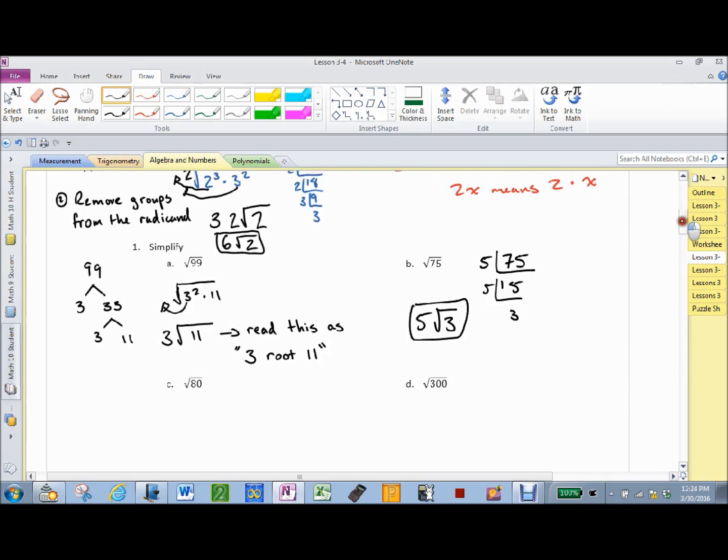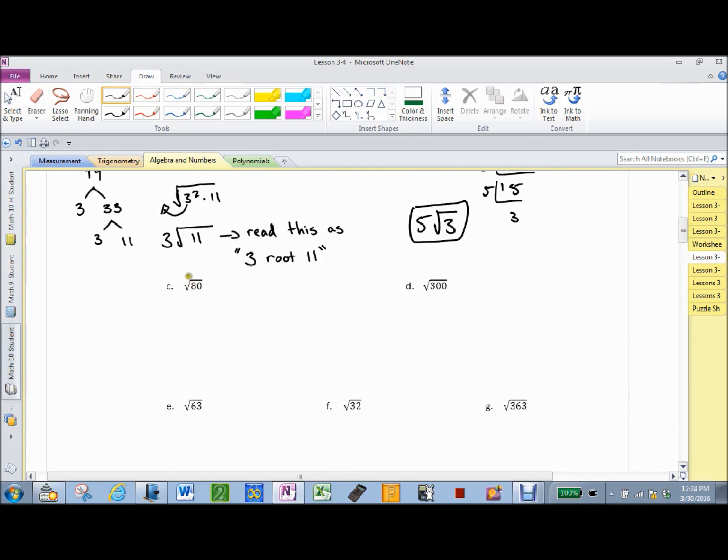Okay. I want you to try 80 by yourself. And then I'm going to give you a shortcut that will help you, but not until we get to D. So everyone try 80 on their own. Factor it any way you see fit.